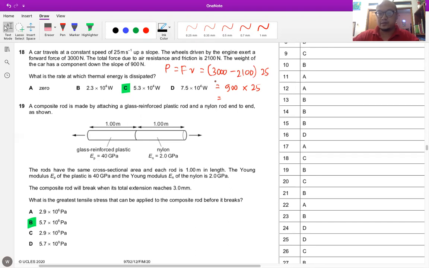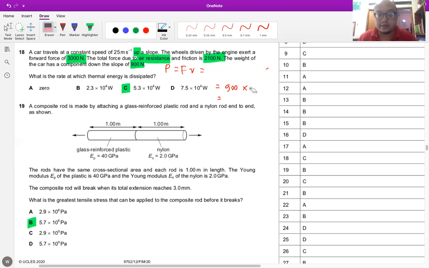Oh, sorry. They have the component down here. This is forward and this is air resistance. So the negative direction, and this is the component down, and you see this is up. So I will erase this one.